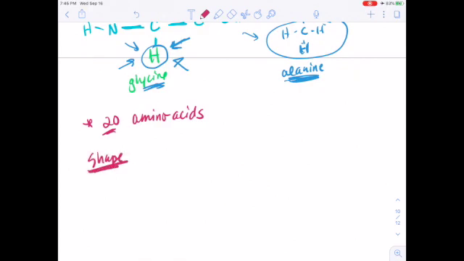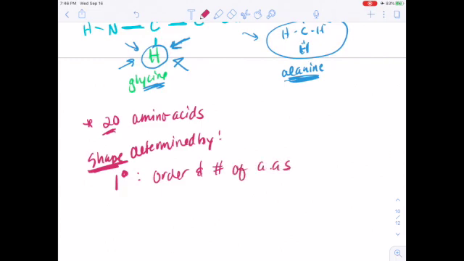So protein shape is really important. Shape is determined at the primary level, and that's what this means, the number 1 with a little degree sign, this means primary. At the primary level, protein shape is determined by the order and number of amino acids.